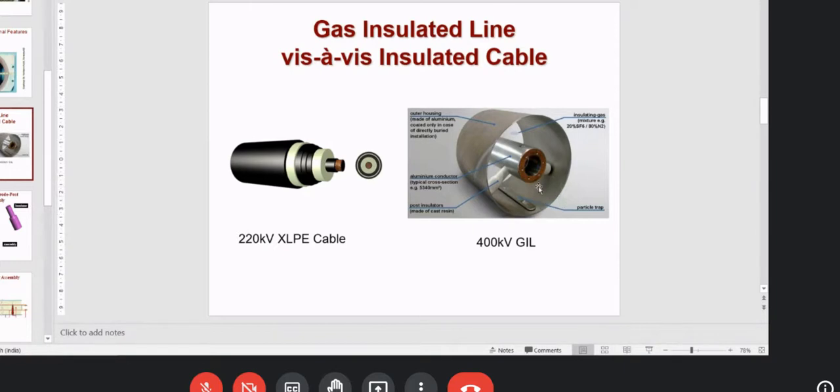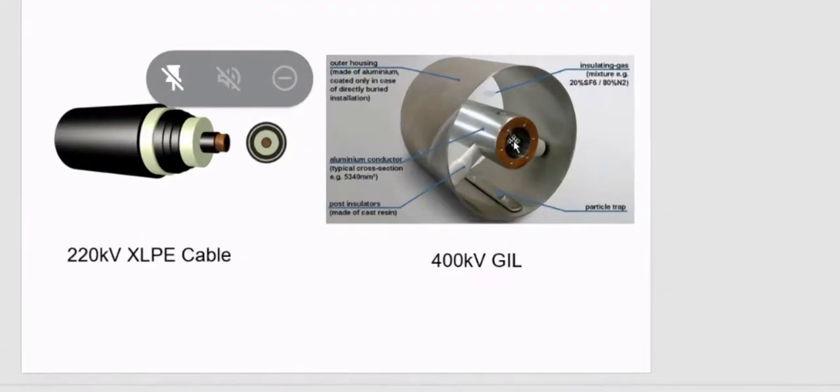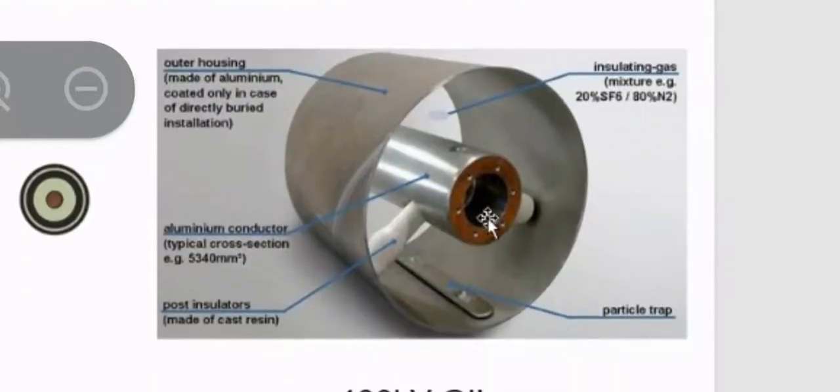So you can see this is again the outer cylinder, which is the arched enclosure. Then this is the central conductor, high voltage. This is a 400 kV GIL. And then there is a white color insulator, two insulators in the form of a V supporting this inner conductor. Otherwise, the inner conductor will fall because of the gravity, as you understand.